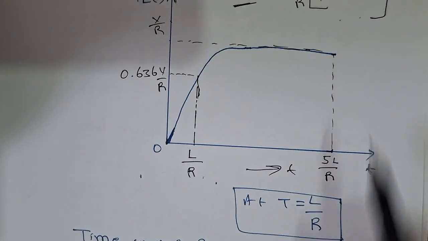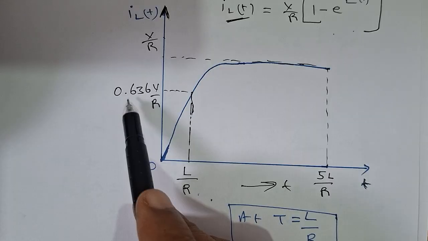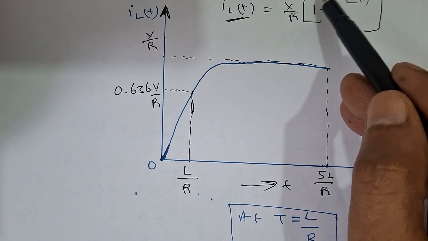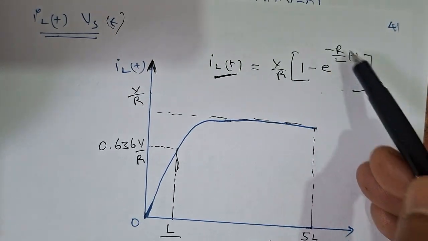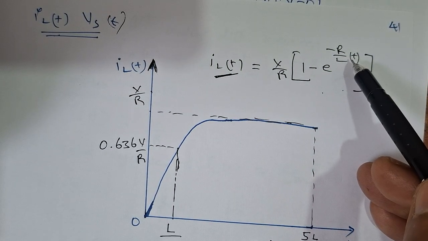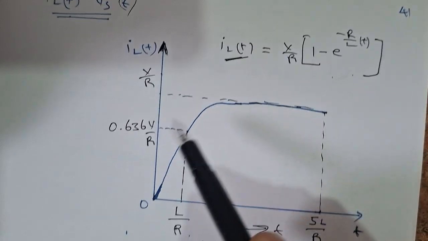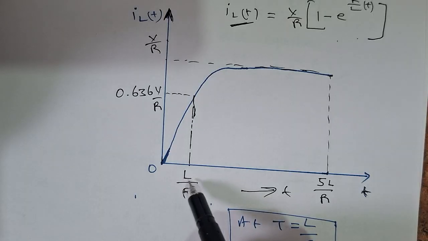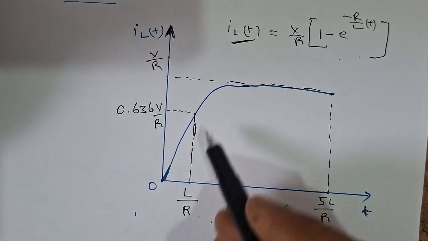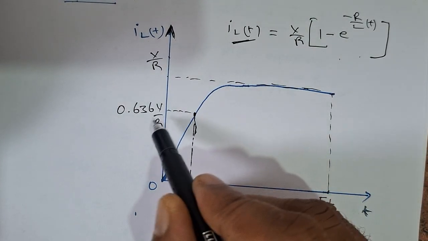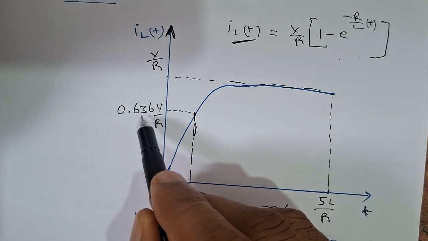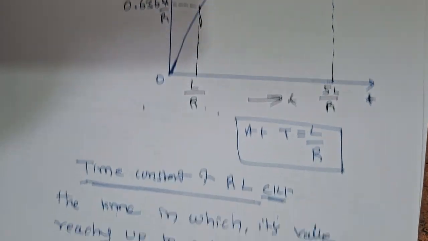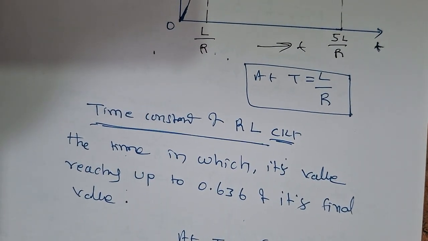So the value of this total expression becomes 0.636 into V by R when you put t is equal to L by R. So at t is equal to L by R, the current reaches 0.636 into V by R. We can say time constant, it's a very important definition.